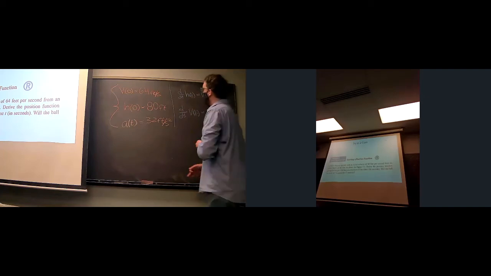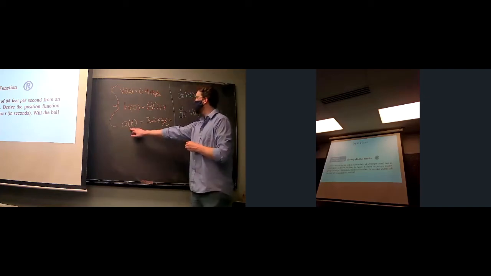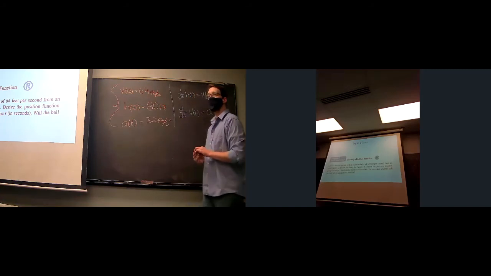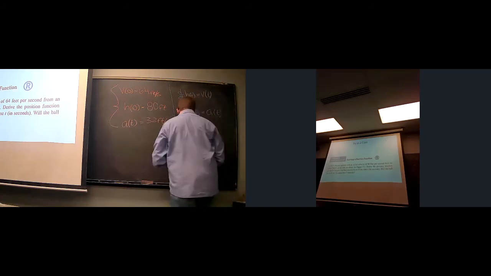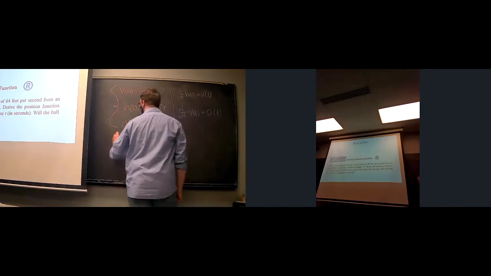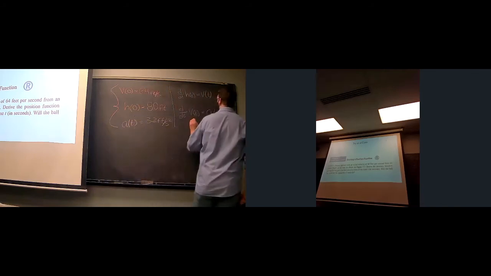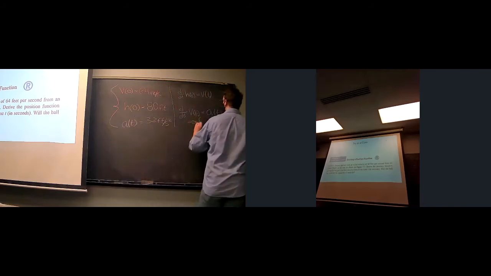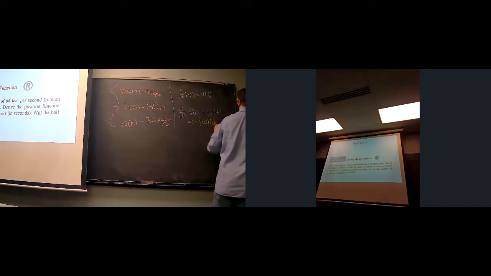So if I undo this derivative, I'm going to get velocity as a function of time, right? Okay, so let's do that really quick. Let me actually write a note here. This implies that the integral of acceleration with respect to time is going to be equal to our velocity function plus some constant, right?